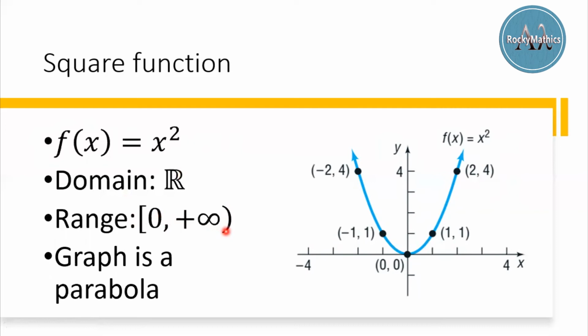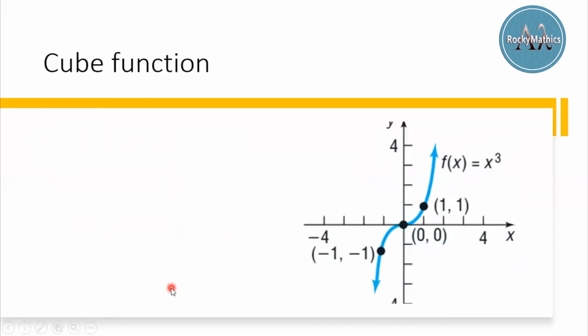Now, we have to remember that the graph of a square function is the graph of a parabola. Cube function. The cube function looks like this. This is given by the equation f of x equal to x cubed. And suppose we have the point 0, 0.